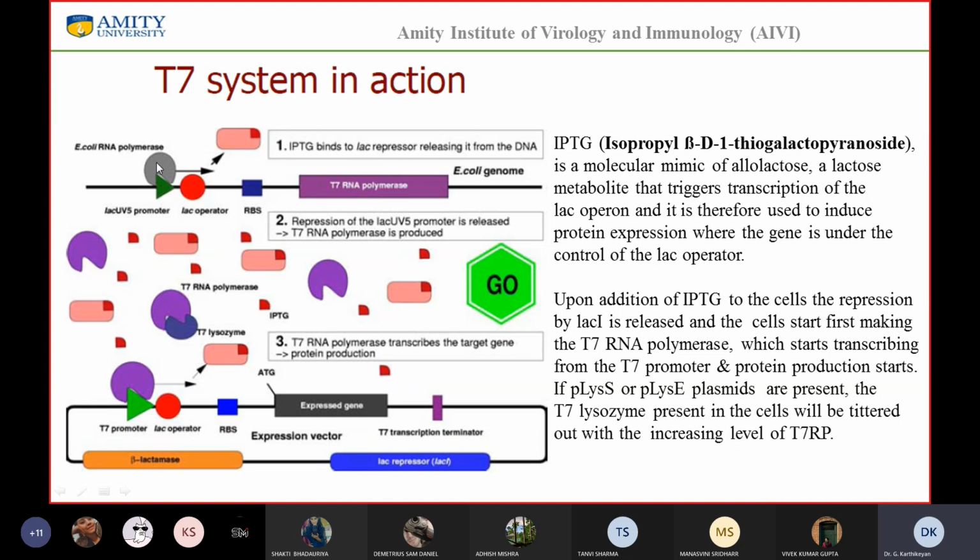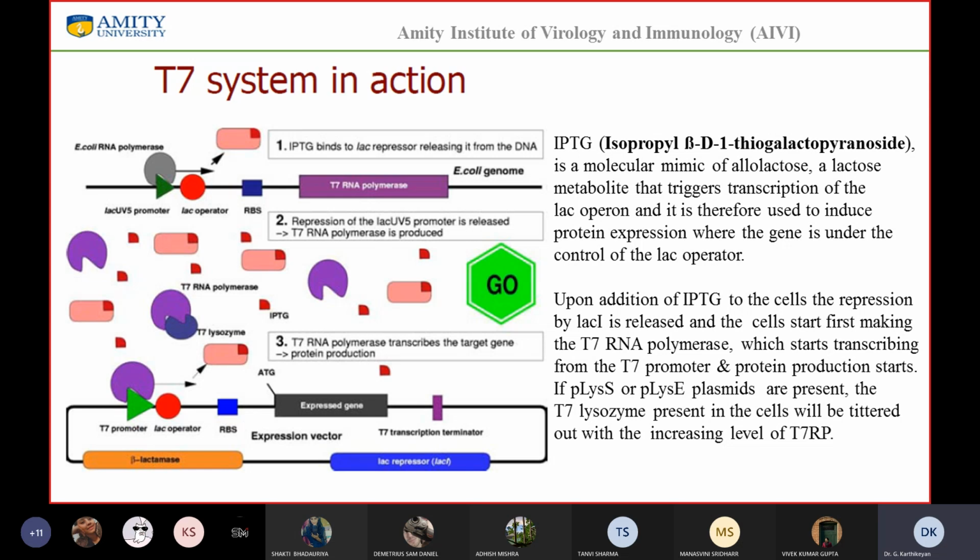The E. coli RNA polymerase recognizes this lacUV5 promoter and transcribes the T7 RNA polymerase. Once the T7 RNA polymerase is transcribed, you are going to get high copies of it. Even if there are only a few molecules of T7 RNA polymerase, it is enough to drive this system.